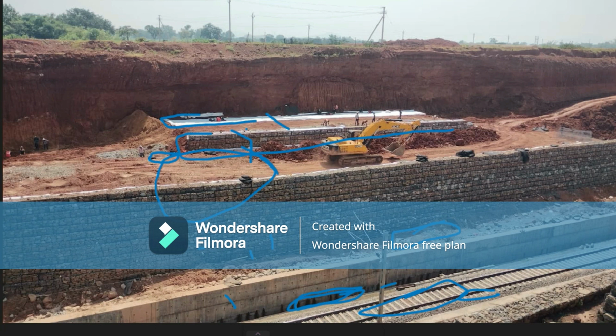We can also see a perforated PVC pipe provided. Perforated means there are some holes in the PVC pipe, and the PVC pipe is provided along the slope horizontally so seepage water passes through the PVC pipe and is connected to the drain.